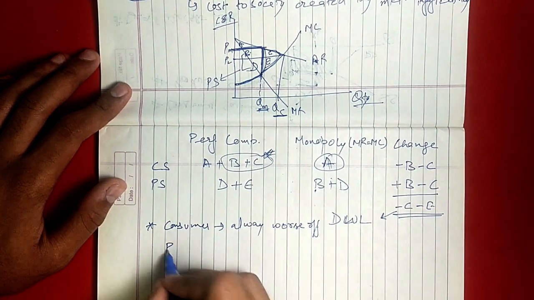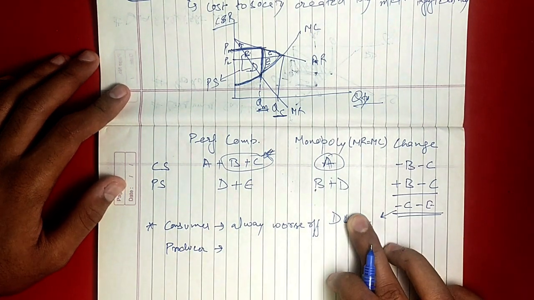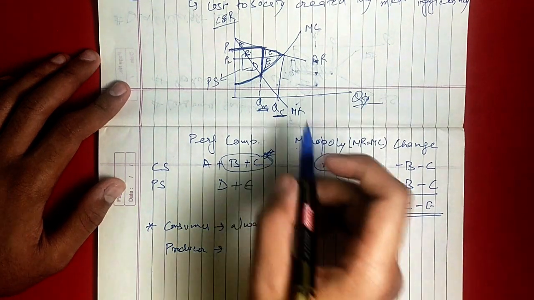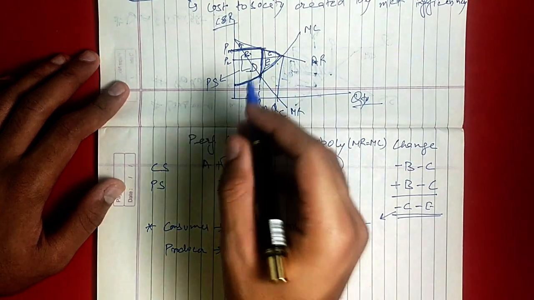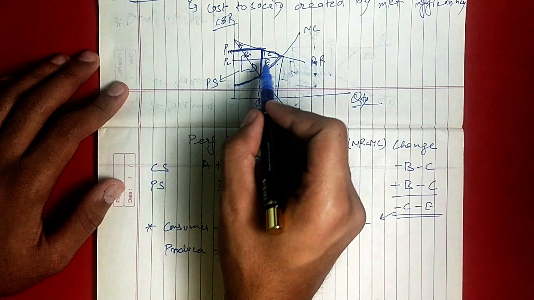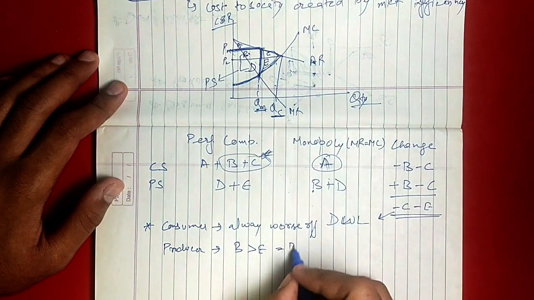If we talk about the producer, there are three cases. We have to compare the difference between B and C. If B is greater than C, if this area is greater than this area, then obviously he will be better off.